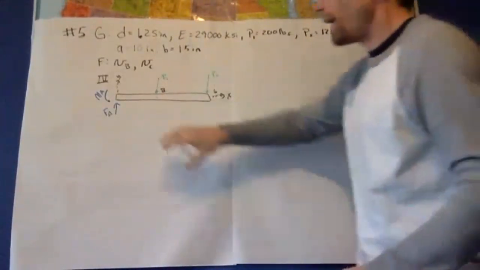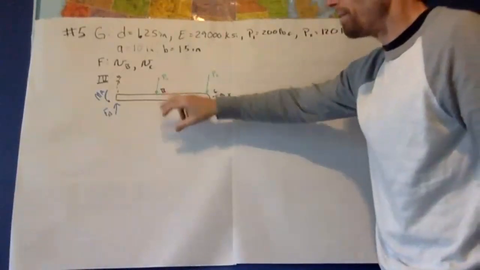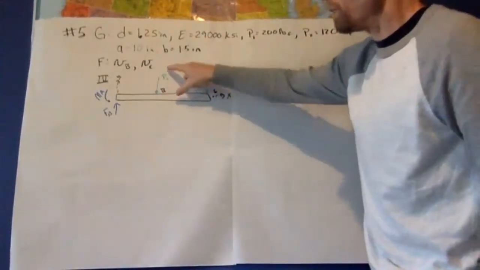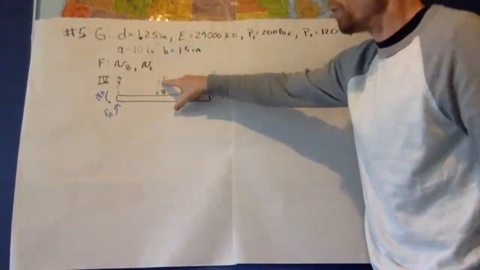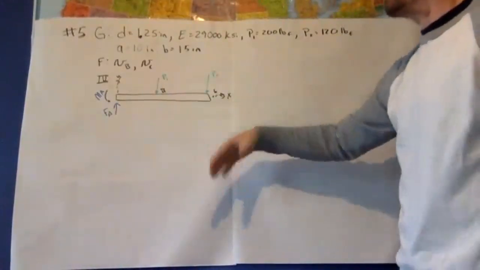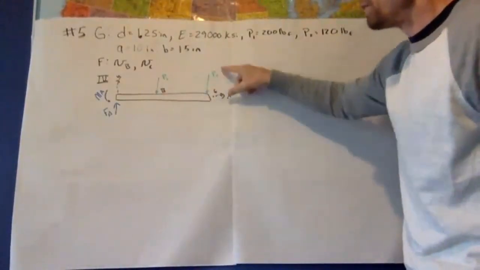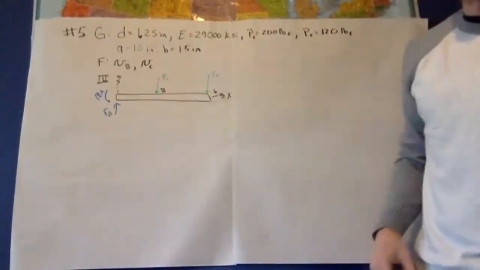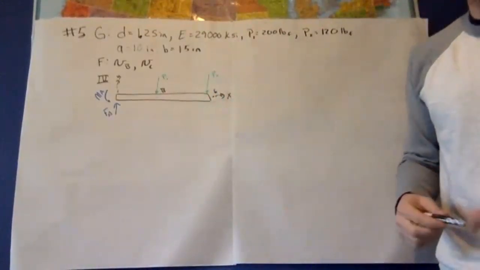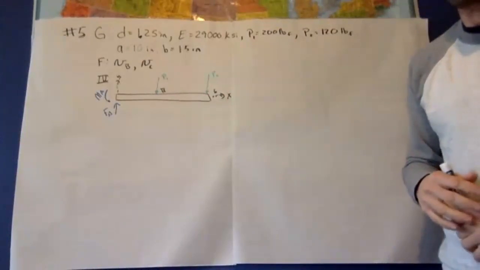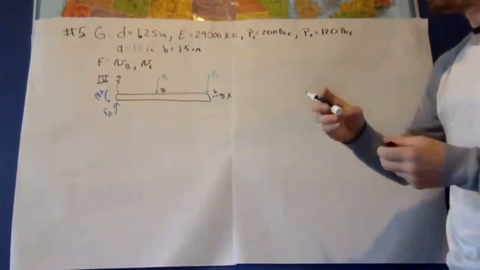Once we figure out the displacements at B and C relative to force 1, we would do the same thing for B and C relative to force 2. So that's the overall strategy with superposition methods.